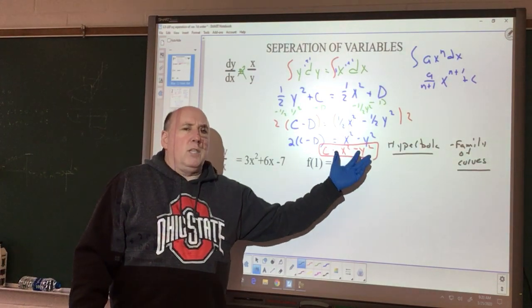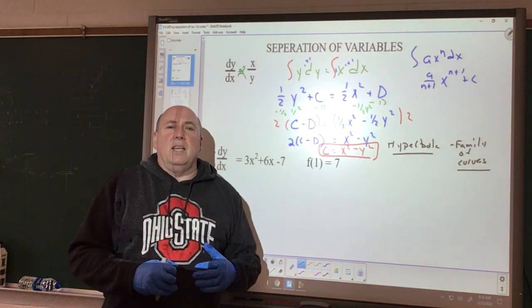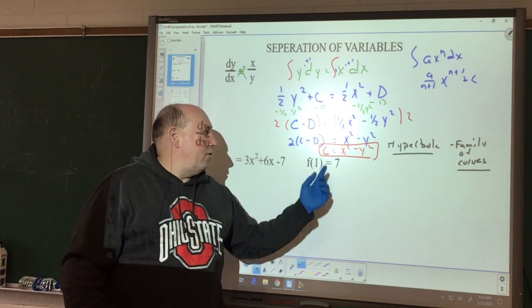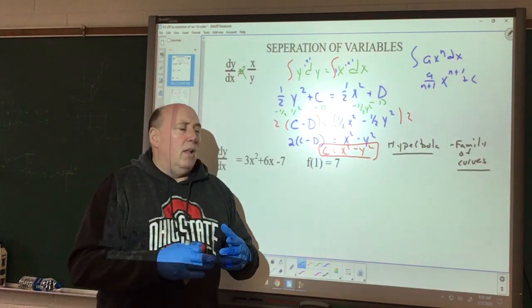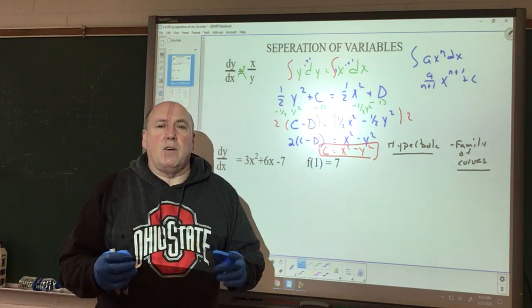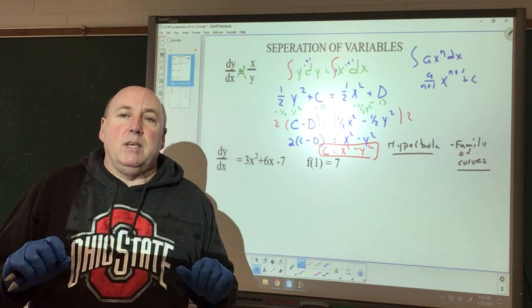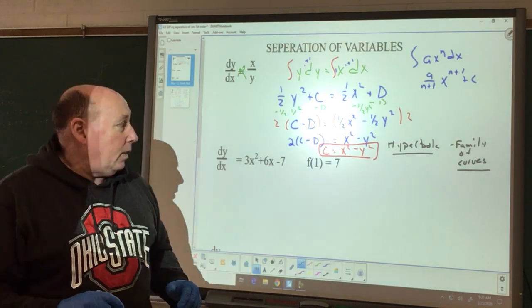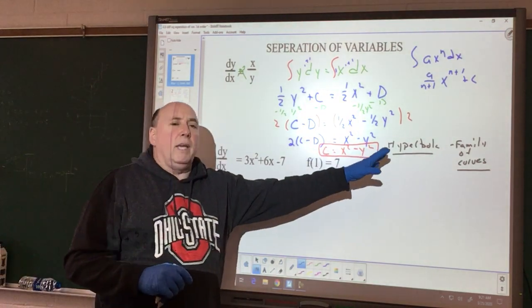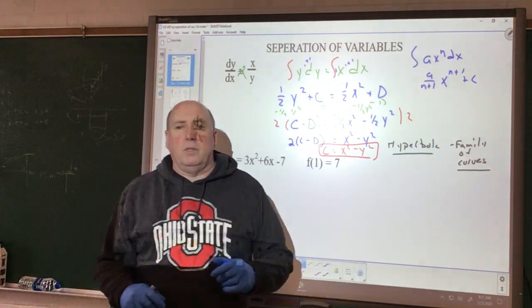X squared minus y squared, whatever my constant is, is going to give me a different graph. If this was 1, it's going to give me a graph. If this is 2, it's going to give me a different graph. If this is 3, it's going to give me a different graph. They're all going to look very similar to each other, but they're not going to be exactly the same. It depends on this constant. So we get what is called a family of curves.